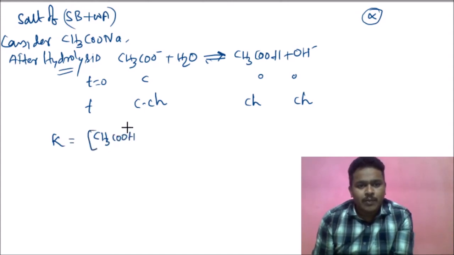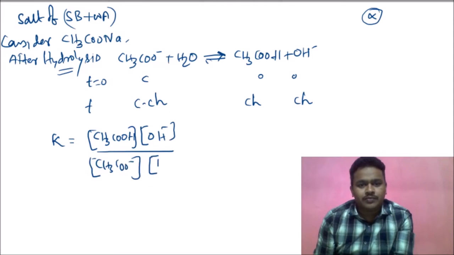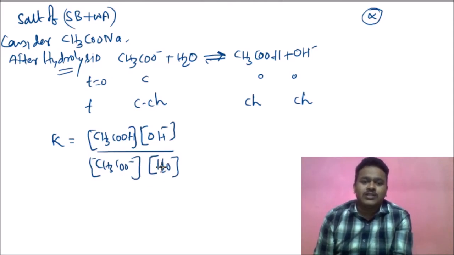CH3COOH and OH minus, these two are the products, by the reactants. What are the reactants here? Acetate ion CH3COO minus and water. Water is a constant term, so I will send water to this side.